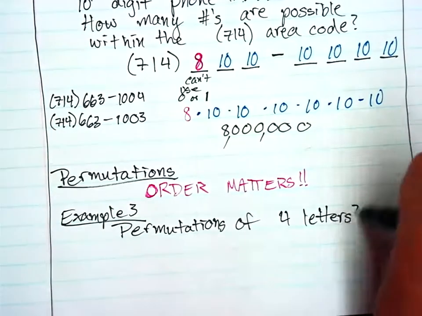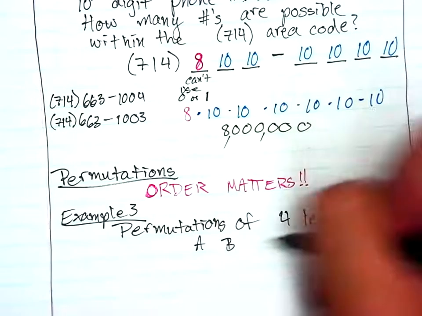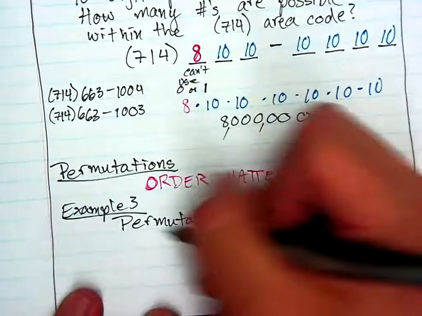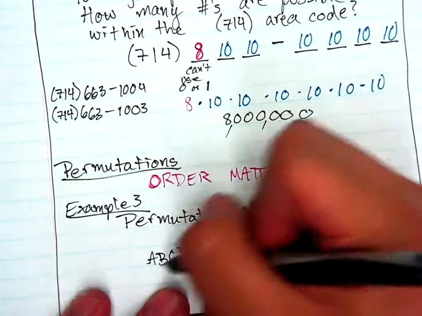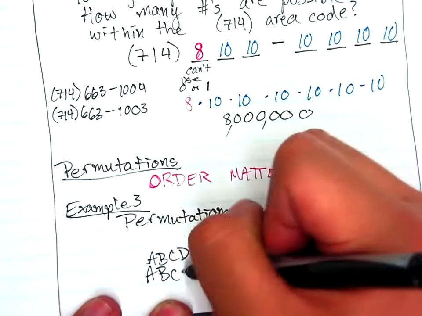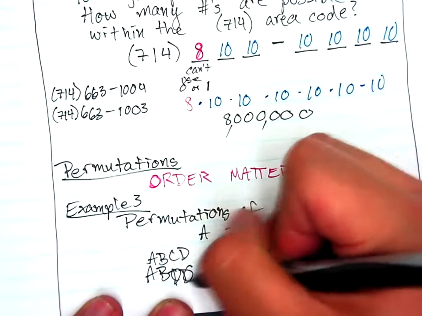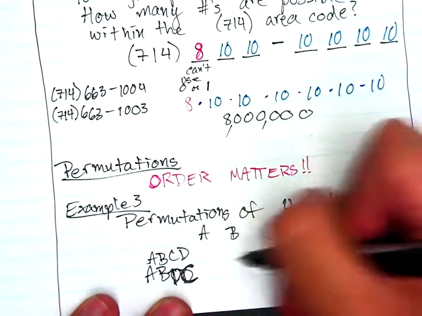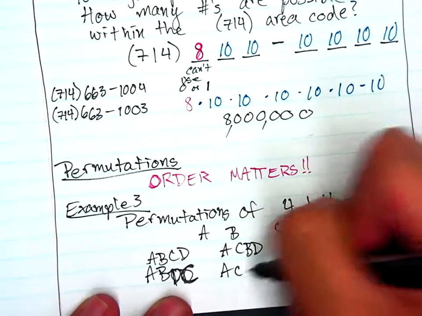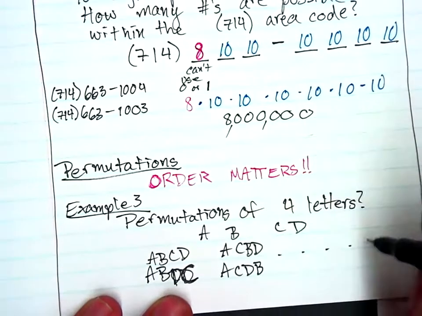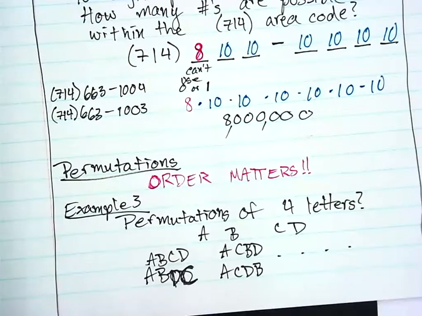And the letters I'll use, keep it simple, A, B, C, and D. So with this, one possibility is A, B, C, D. Another one, A, B, D, C. Another choice, A, C, B, D, A, C, D, B, and so on and so forth, and it's going to be a lot. So rather than having to do all that, I'm going to use a permutation.